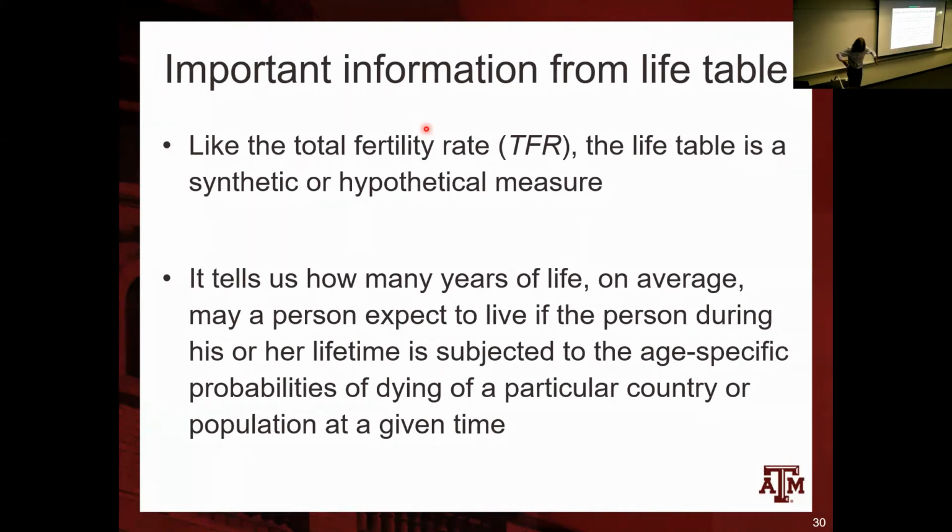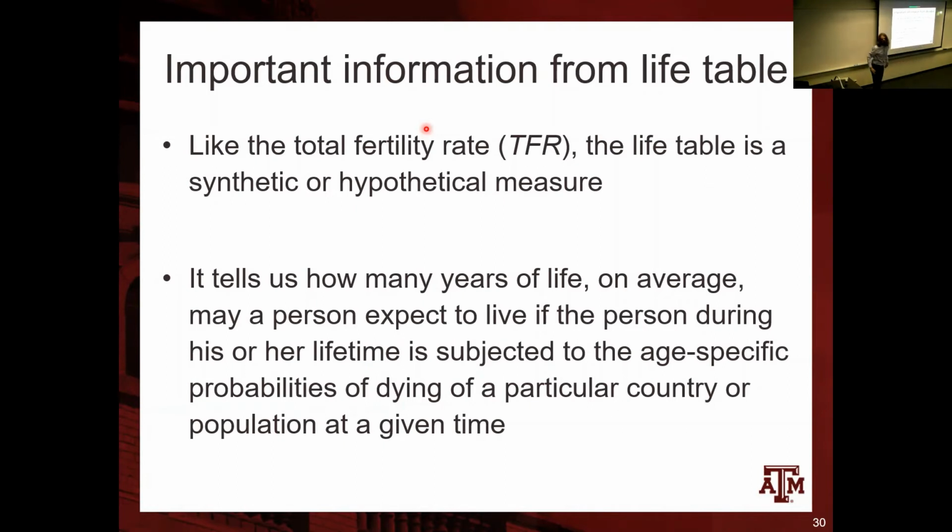So we get the age-specific mortality rates, and based on them we calculate the age-specific probabilities of dying, or mortality probabilities, right? We get the rates, transform them to probabilities, keep doing some more calculations in the life table, and we get the life expectancy at birth.